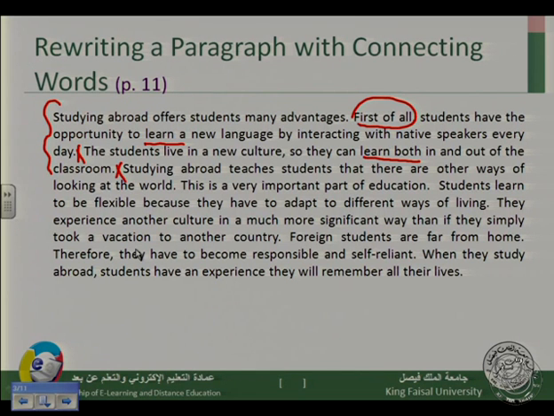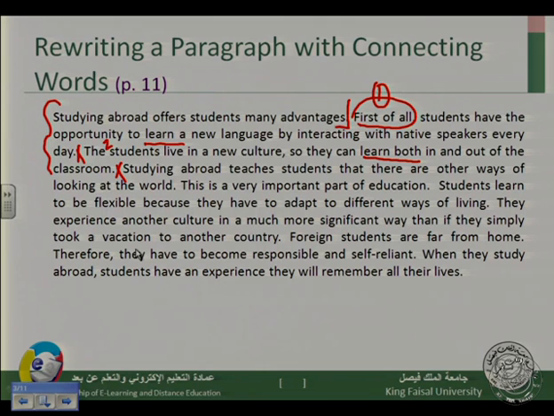Or let's say, well, it's not sentence number 1, but I began from here. This is 1, and this is 2. Okay? So there's this idea of learning in both sentences. So in many ways, these two sentences are kind of similar, or talking about similar aspects, in this case, learning something.